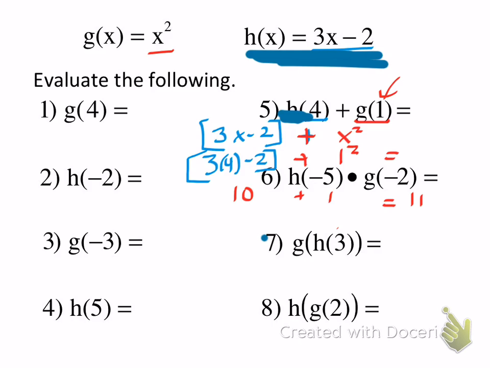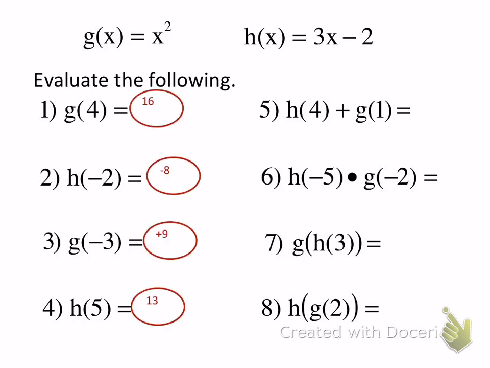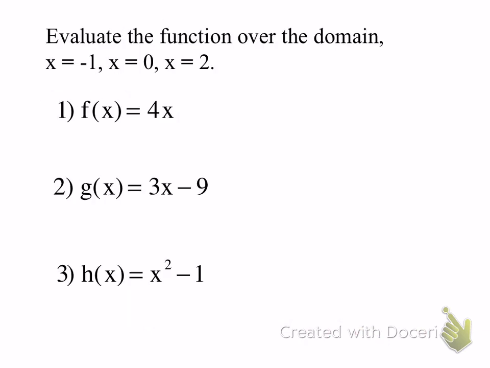Okay, moving on. So this is an example of evaluating with something a little bit more complex. I don't think that the homework gets to that too much tonight. But this is what your homework will do. So when I have x is equal to negative 1, the first thing you need to do is rewrite this function.